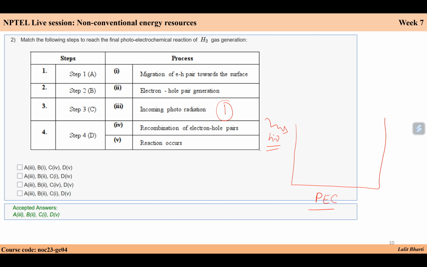And second, an electron hole pair will be generated by the solar radiation. Then these electron and hole pairs will go towards the surface, where H plus will react with electrons, and we will get H2. At the opposite electrode, we will get O2.